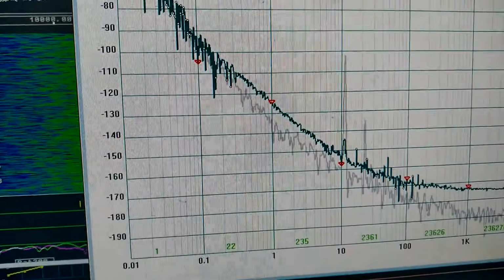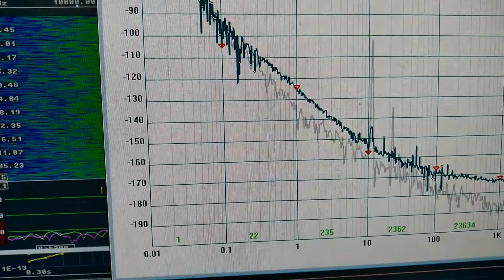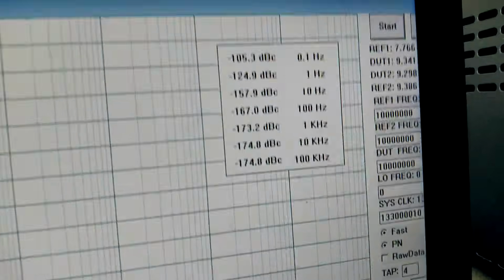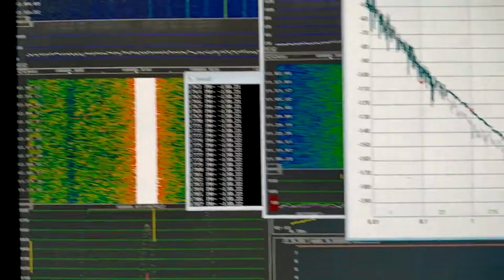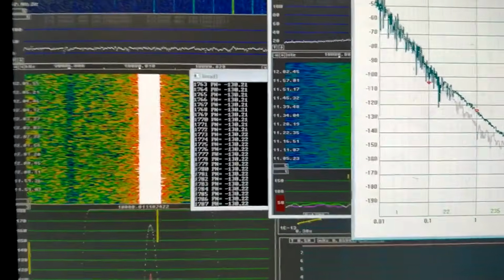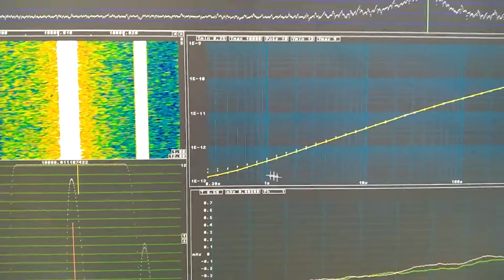And when I look at the PN2060, it looks like minus 125. And the readout says minus 124.9. So this has improved the situation significantly. And here is the Allan graph.